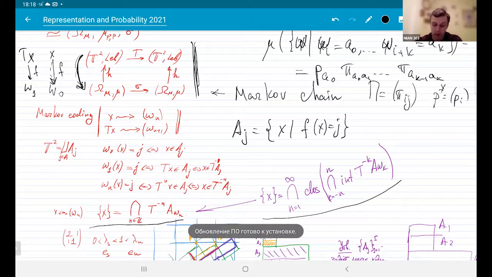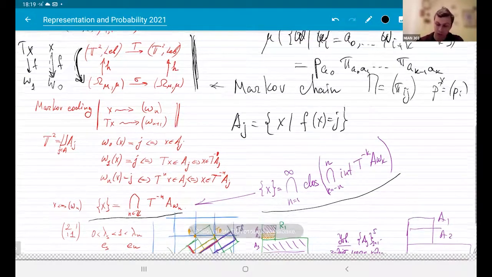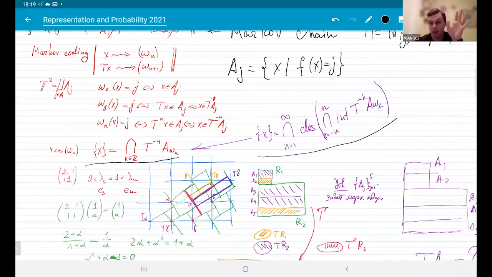So again, we start with some AJs. Then for any sequence omega k, we can define this set, this right-hand side. Then we have some set, and we hope that for any omega k that is allowed by our Markov chain, this set contains only one point, and then this point is h.